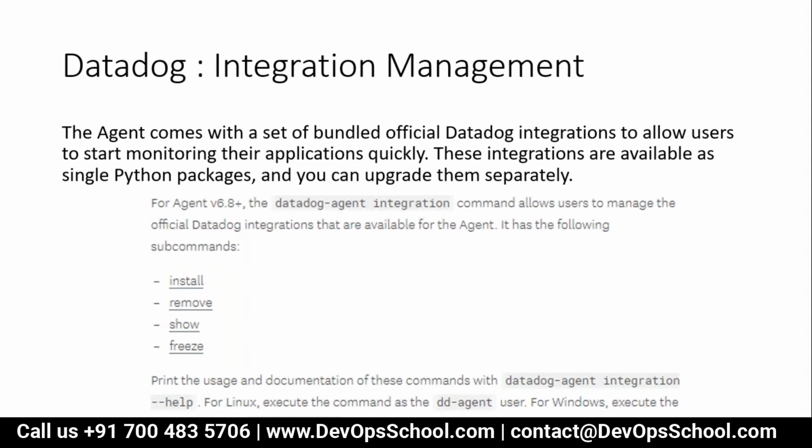Now, on top of that, from agent version 6.8 onwards, the Datadog agent integration command allows you to install and manage the official Datadog integrations that are available for the agent. It has the following commands. You can install, remove, show, and freeze.